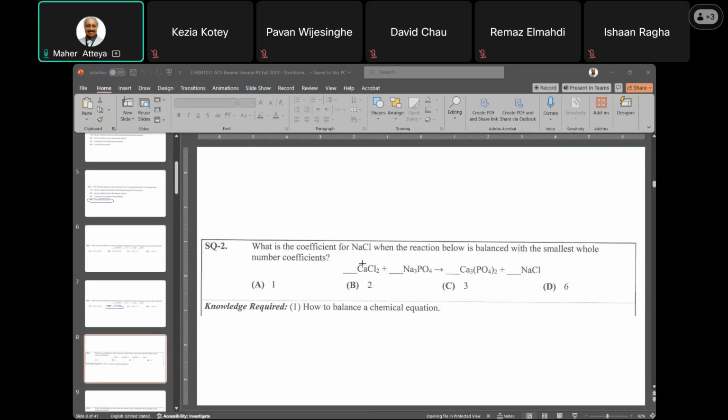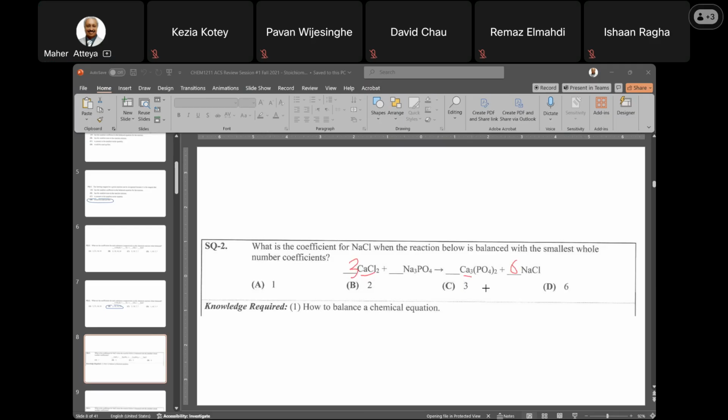Calcium is 1 here, and 3 there. I started with calcium, for example, so how about putting 3 here? However, chlorine is 6. Now we have to put 6 here. So 6.